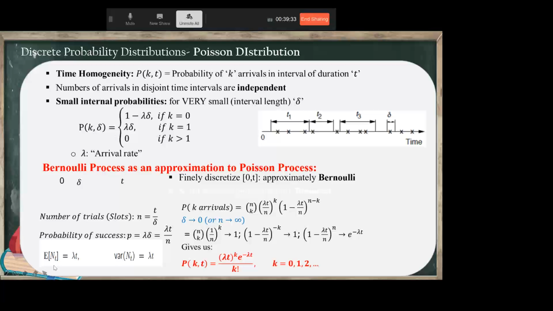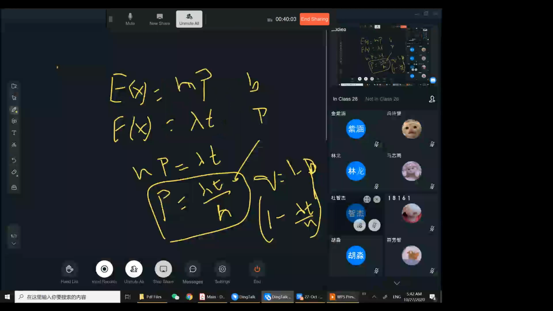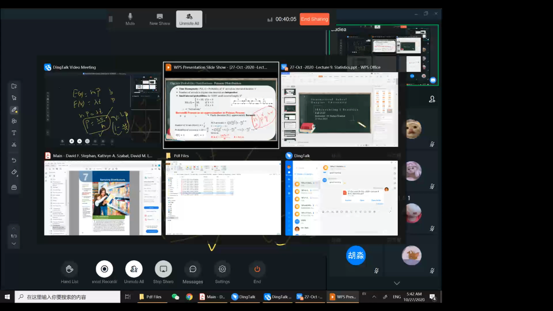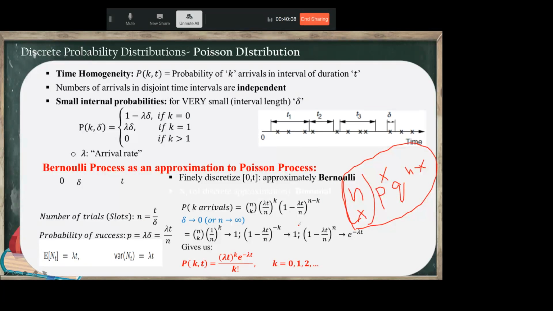If you remember, we have done nCx p power x q power n minus x. That's a binomial. But here we just put the probability p and q for Poisson distribution. Just putting the values of p and q into this equation, we get this one.